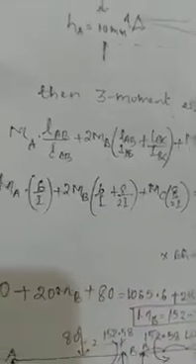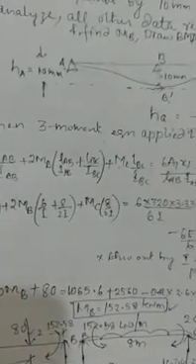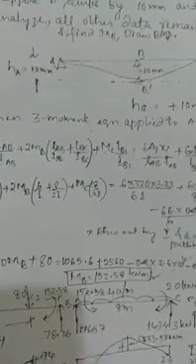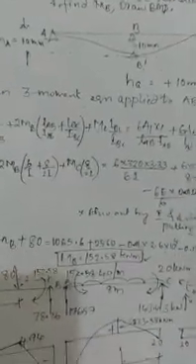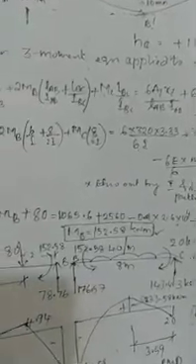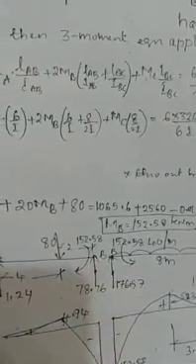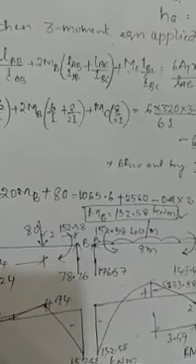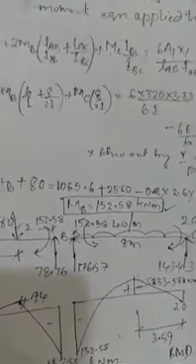So you should know how to draw the free bending moment diagram, that is, bending moment diagram treating the two spans as simply supported. And you should be able to determine the properties of those free bending moment diagram areas, like area, centroidal distance, and all that. The next is applying the three moment equation for every two spans taken at a time.